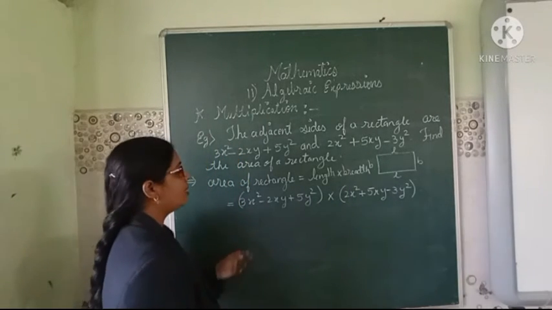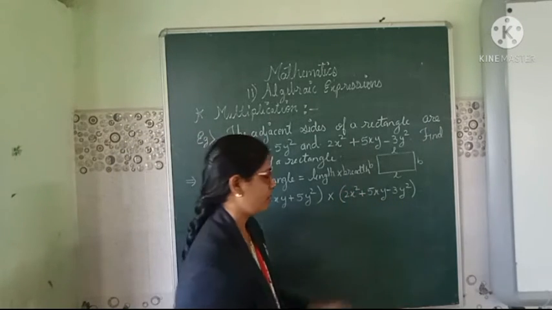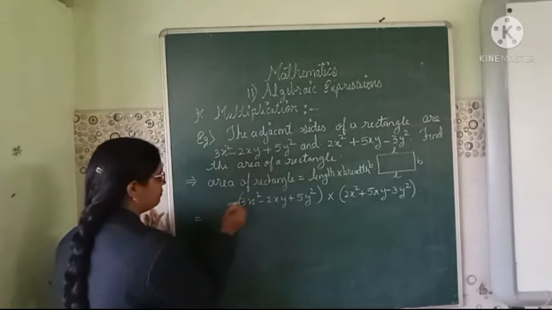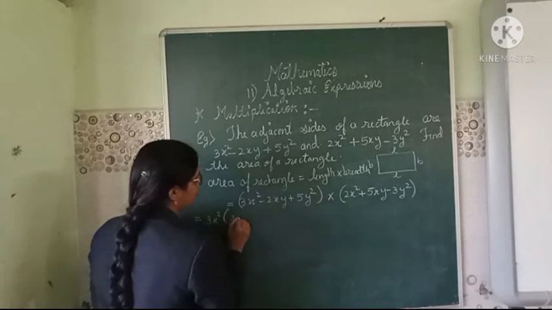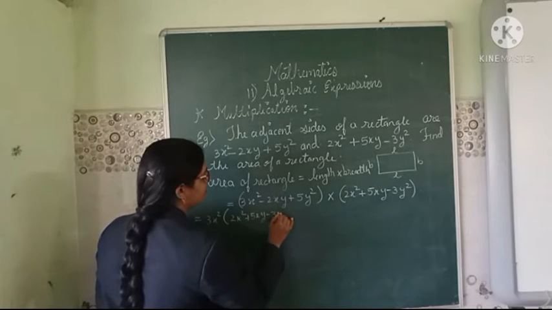So let us see now. Each term we have to multiply with each term of the polynomial. So one by one we will write it down. First we will write 3x square into the bracket 2x square plus 5xy minus 3y square.